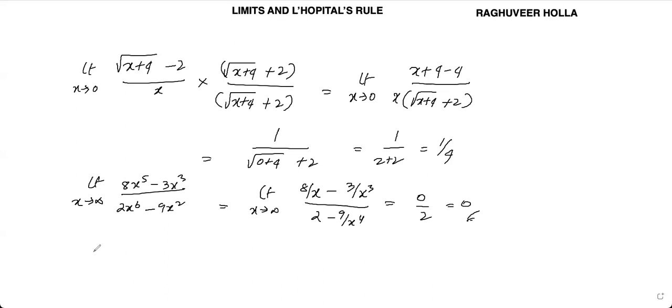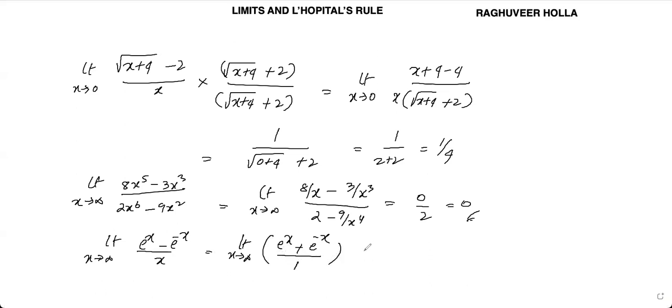Now, limit x tends to infinity, e to the power of x minus e to the power of minus x by x. Let us again apply L'Hopital's rule. So limit x tends to infinity, this is e to the power of x plus e to the power of minus x divided by 1.